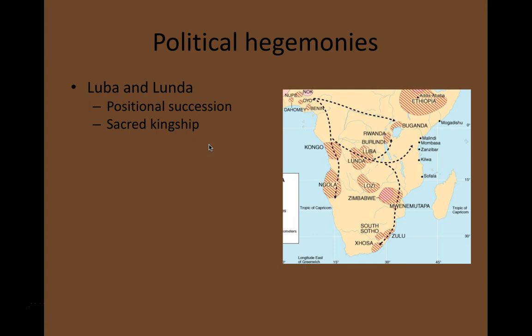And even the regions, the different collections of villages, almost like the West African Kafus, that collectively made up the Kingdom of Luba had these positional succession leaders, almost kind of mini kings who ruled over them, all in the service of the overall King of Luba.